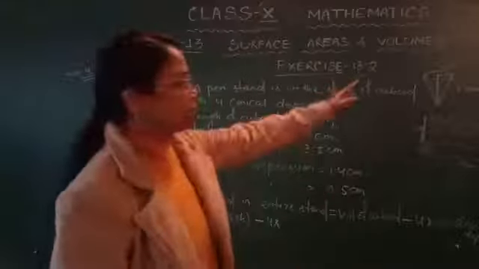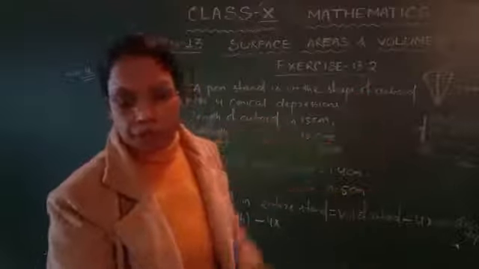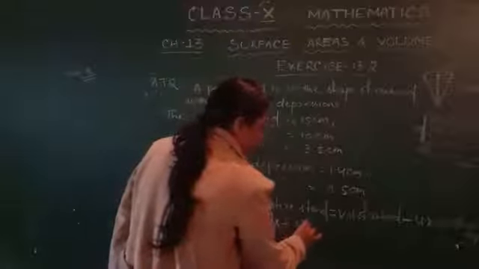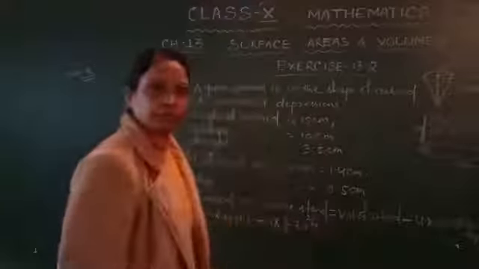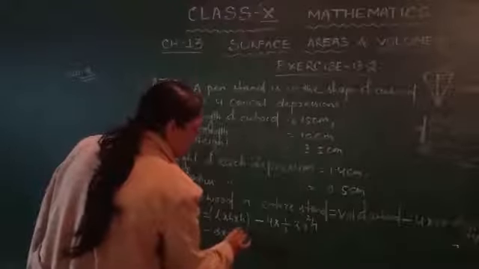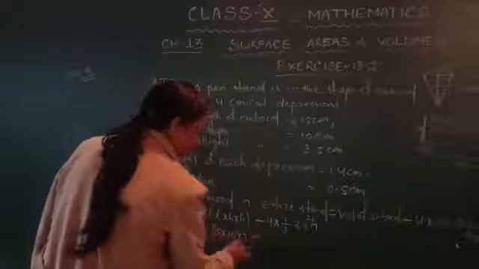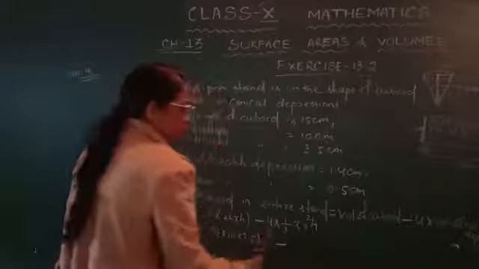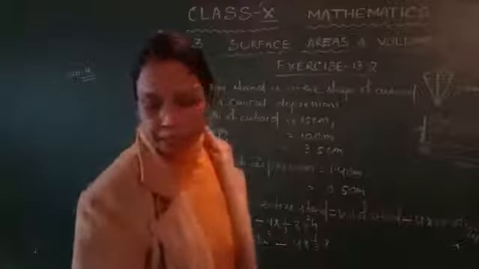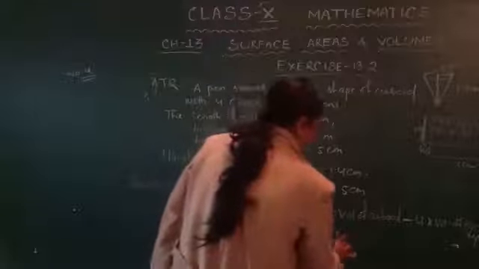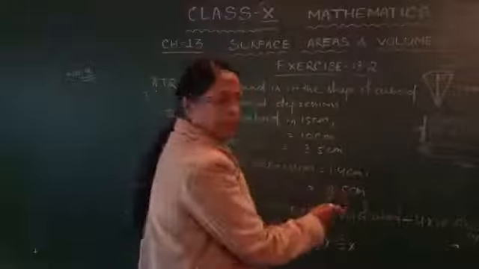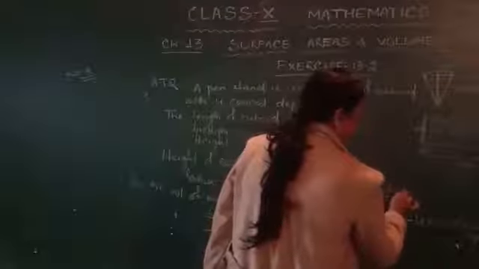Each depression is in the shape of a cone. So the volume of a cone is 1 upon 3 pi r square h, and here we multiply by 4. So length is 15 centimeter into breadth 10 into 3.5 centimeter cube, minus 4 into 1 upon 3 into pi, which is given as 22 upon 7, into r, which is 0.5 centimeter, that means 1 upon 2 centimeter.